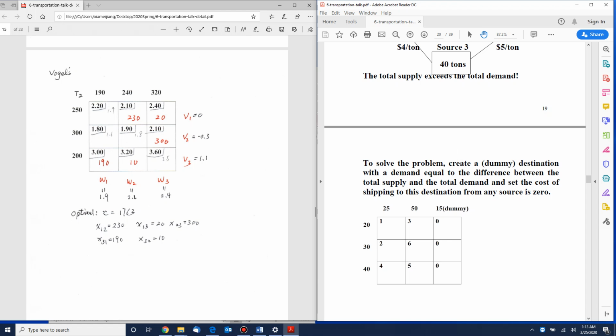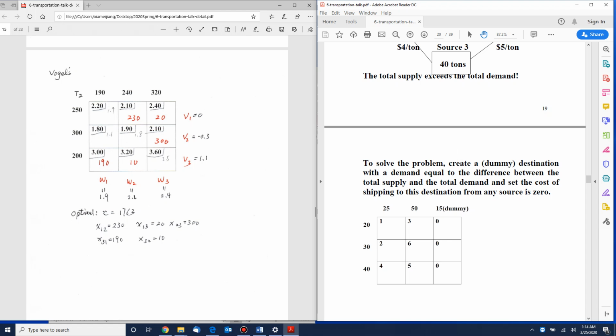Actually, if the demand is more than the supply, we can set up a dummy source instead. In this example, because the total supply exceeds the total demand, we set up the dummy destination, which needs 15 tons, and then we put the cost equal to 0, so it doesn't matter what the basic variable is, because multiplying by 0 gives 0, right?